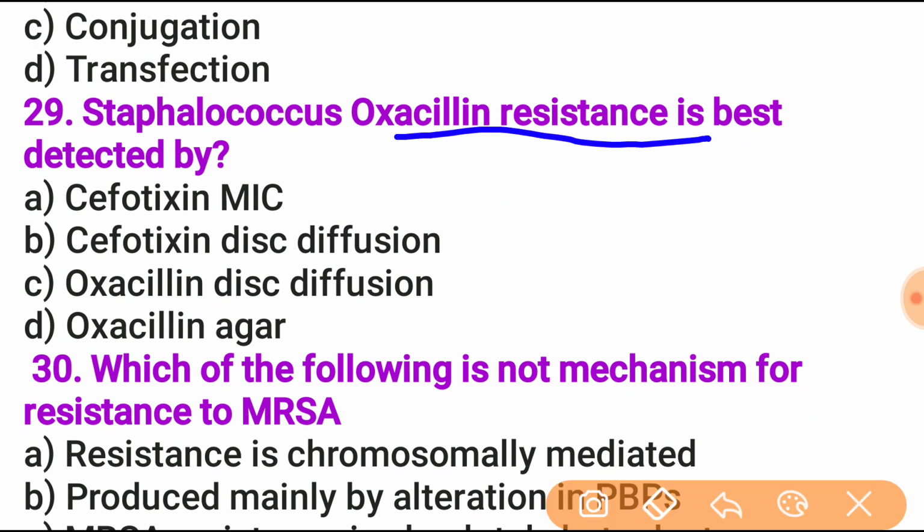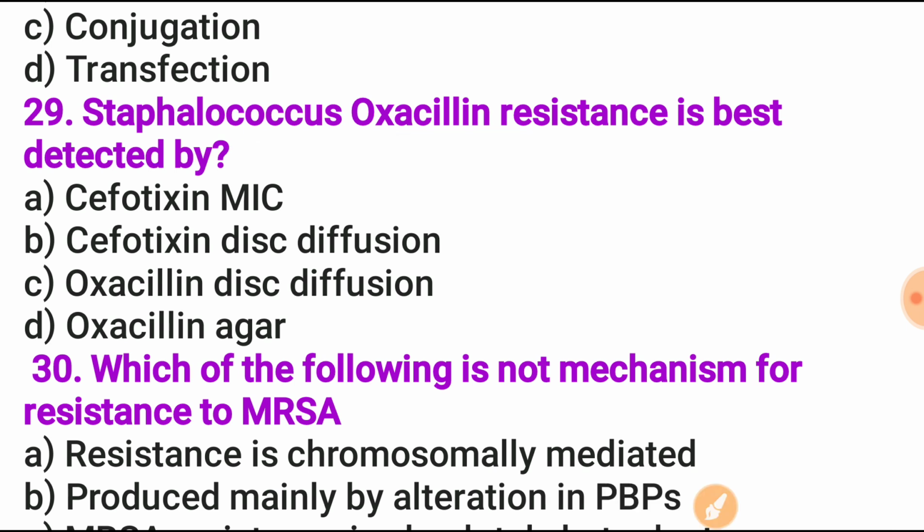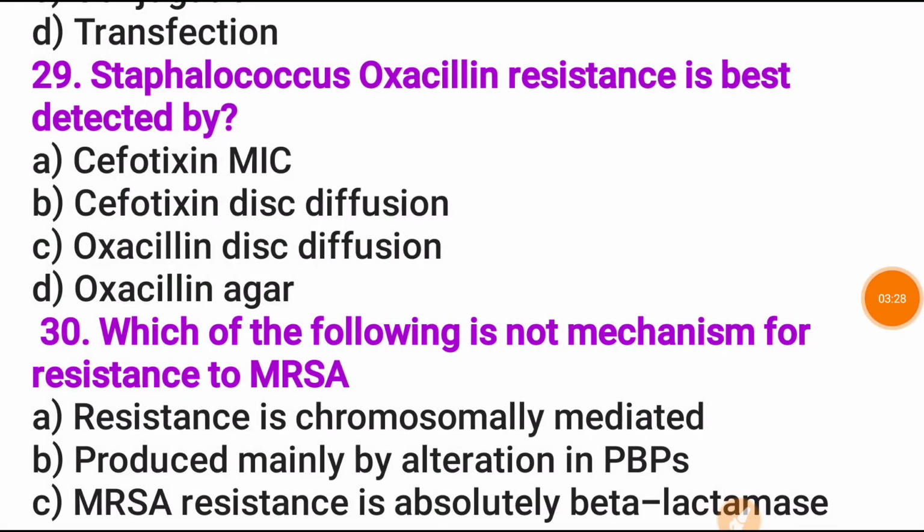Next: Staphylococcus oxacillin resistance is best detected by cephalexin MIC, cephalexin disc diffusion, oxacillin disc diffusion, or oxacillin agar. You have to choose the right option. Here the right option is cefoxitin disc diffusion.